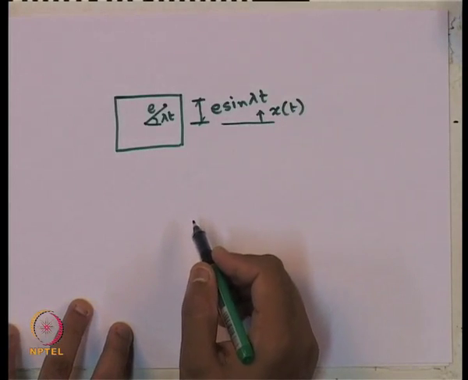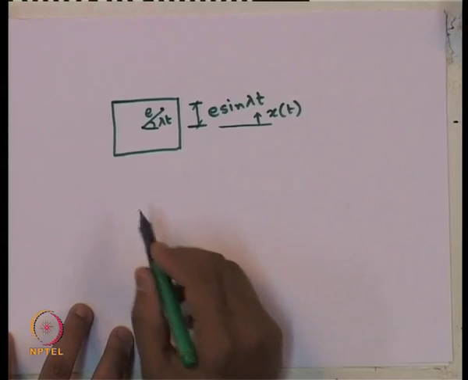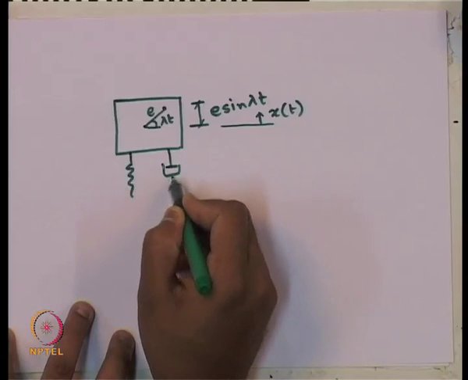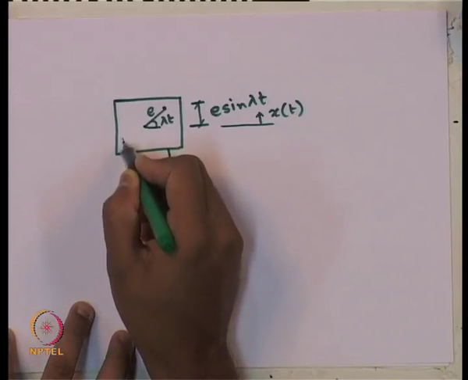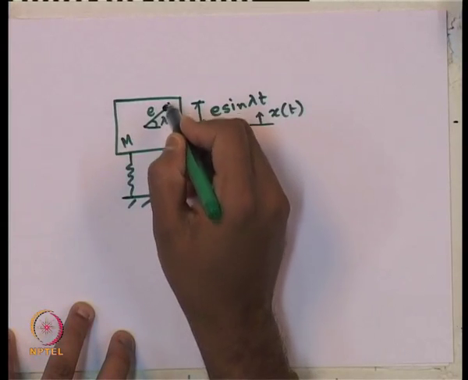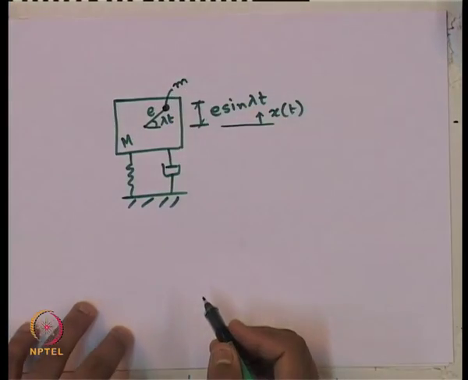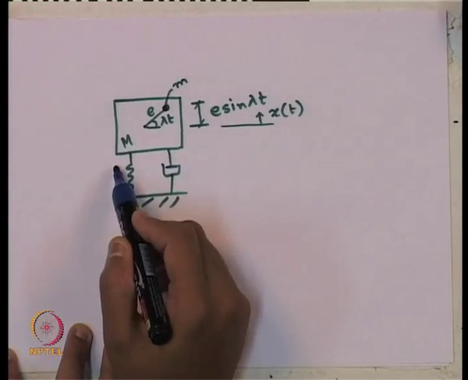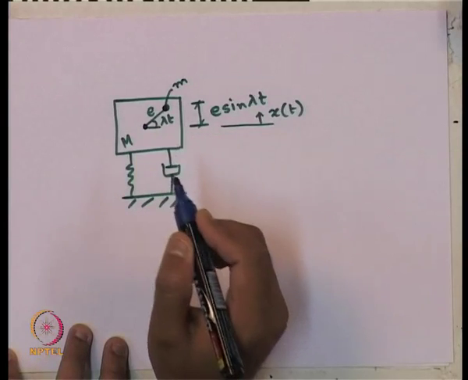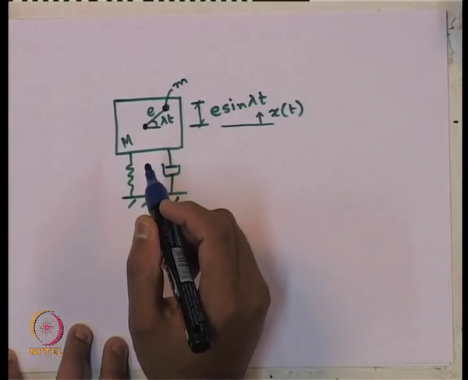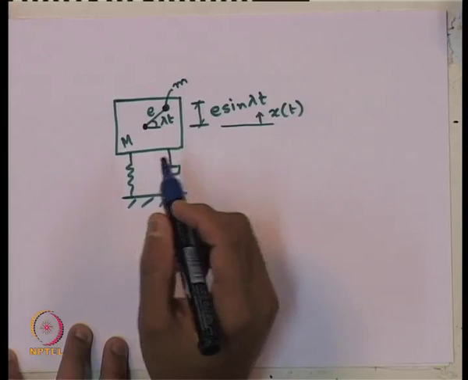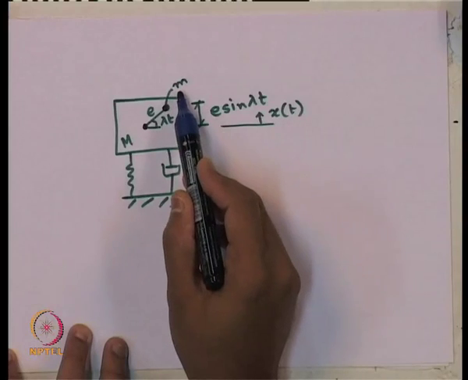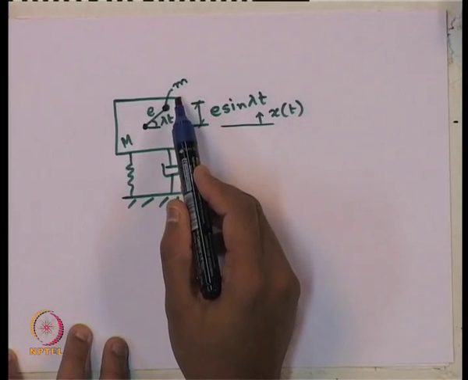So, if I want to write down the equation of motion for the entire system, what should it be? The main system, how much displacement does it have with respect to its CG? x of t, excluding the eccentric mass.